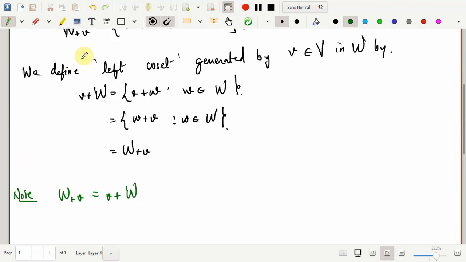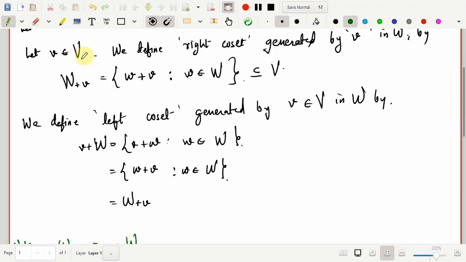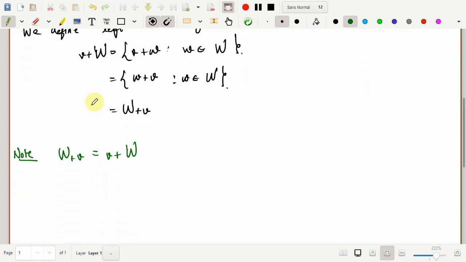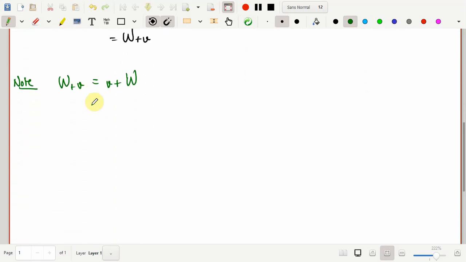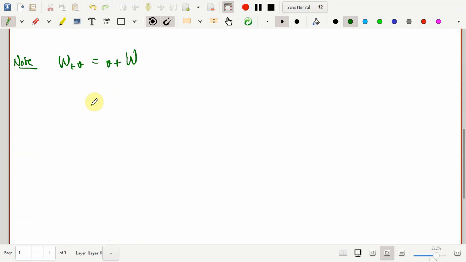Well, let's observe this set, either the right coset or the left coset, for one particular subspace of a given vector space. To visualize its geometrical idea, we take a simple subspace of R2.